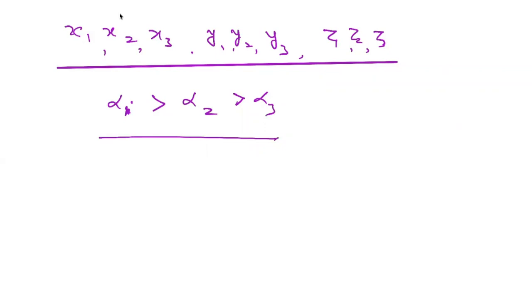Means X1 will be ahead of X2 will be ahead of X3. Y1 will be ahead of Y2 will be ahead of Y3, and same with Z. So in how many ways can we arrange all the 9 letters X1, X2, X3 up to Z1, Z2, Z3?